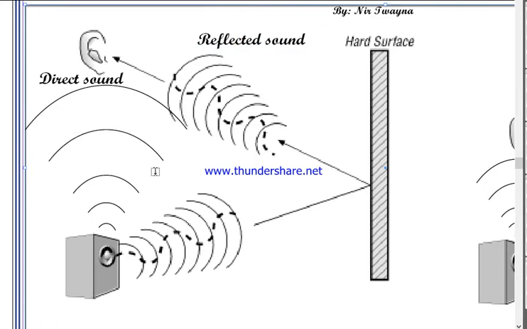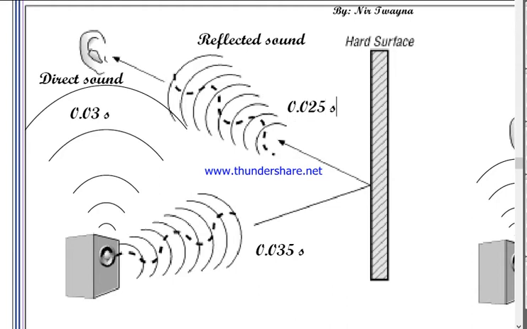Now suppose that the wall is situated quite far from the source. From the source to your ear, the sound takes 0.03 second. From source to wall, it takes 0.035 second, and for reflecting, the sound takes another 0.025 second.